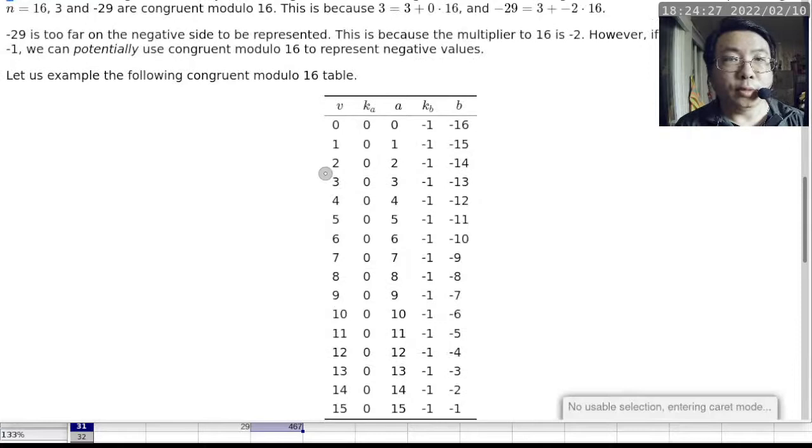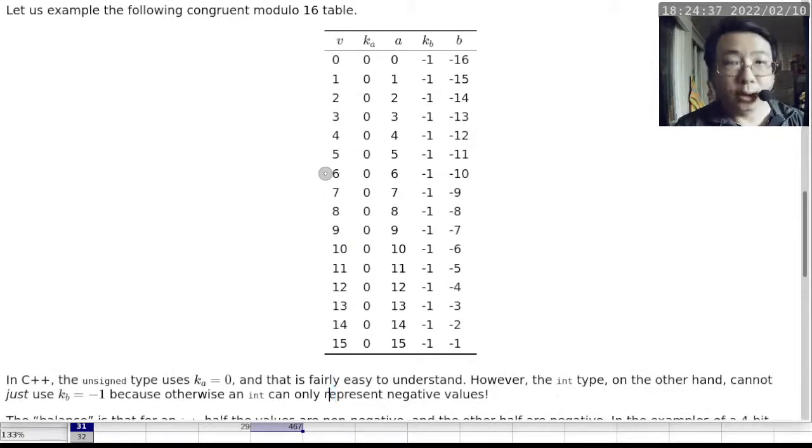So there are basically two values, A and B. A is using a 0 for the coefficient, and B is using a -1 as a coefficient. So when Ka equals 0, these are the values of A that we get. When Kb is a -1, these are the values that we get for B.